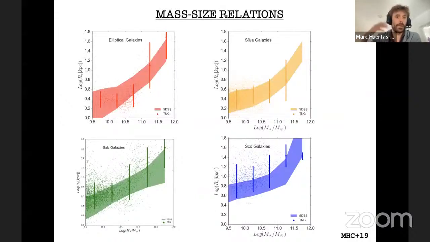And you can also look at how the sizes or the scaling laws of different morphologies are reproduced in terms of stellar mass and size or effective radii. And you can see that although there is some scatter, you also get the right normalization.